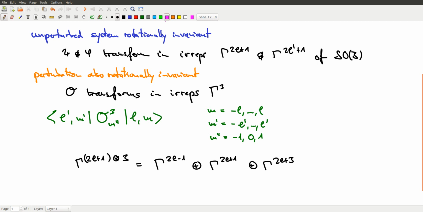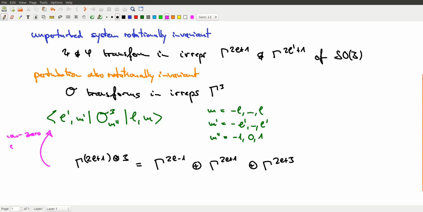So if you look at this L label here, then we can say that it's either unchanged as in the middle, or it's one larger or one smaller. So the change in L has to be 0 plus or minus 1.